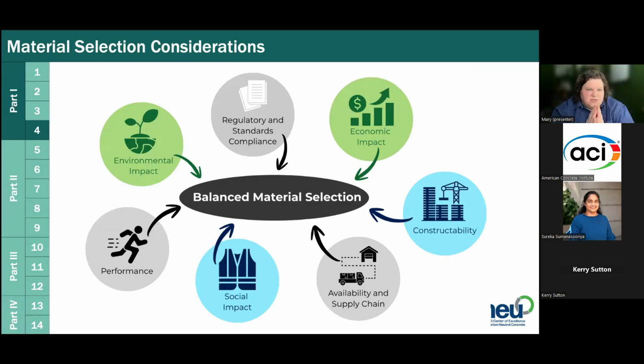So when you're selecting materials, you've got to say, how much does it cost? What's the constructability like? Does it change? Do you need to retrain your labor force? How available is the material, right? What's the performance? Of course. What kind of regulatory standards and compliance needs to be considered? And so we wanted to include all of those things in chapter 4.